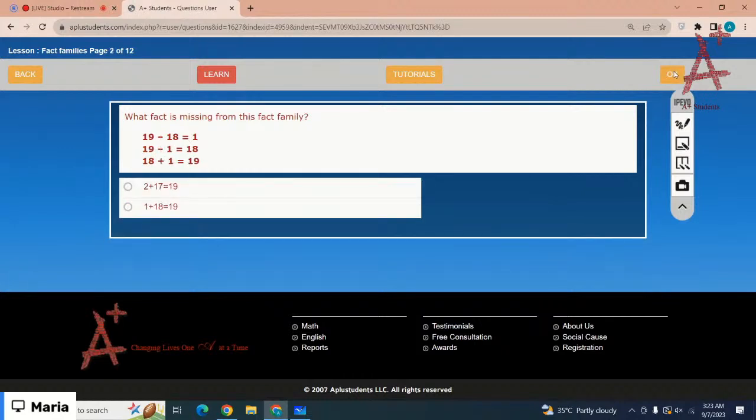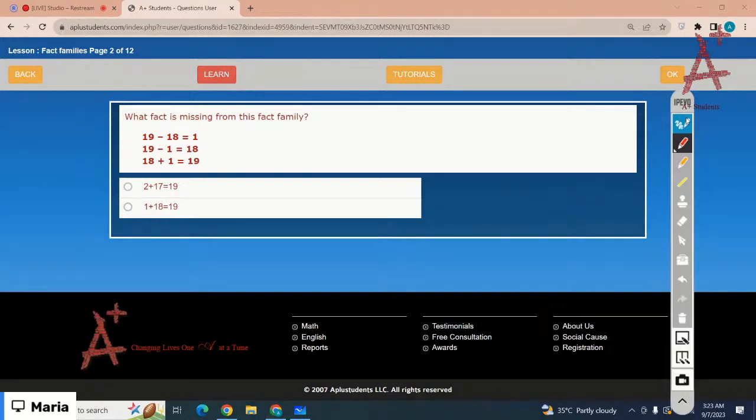What fact is missing from this fact family? So which is the correct option? Okay, just look at the given facts, right? You are given two of the subtraction sentences. Only one of the addition sentences is given, right?